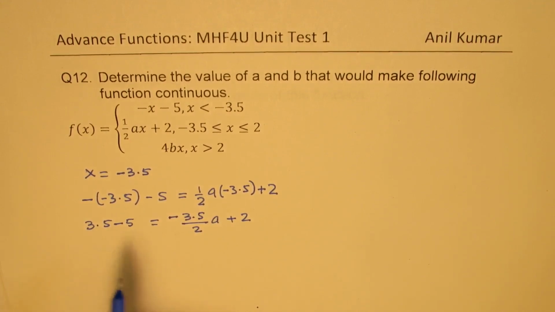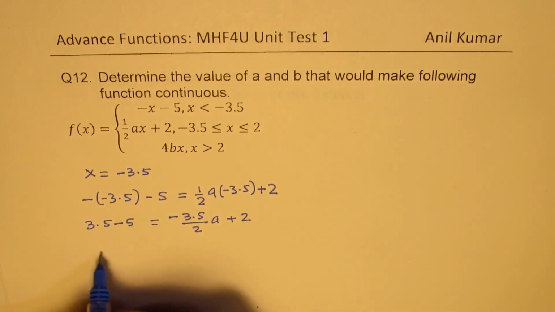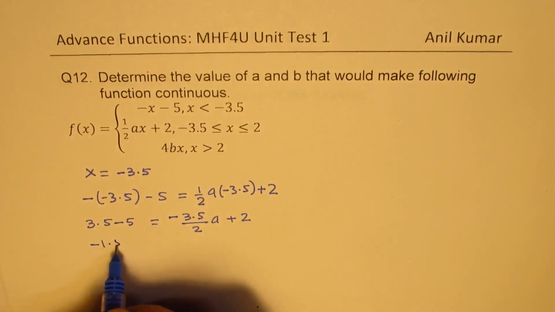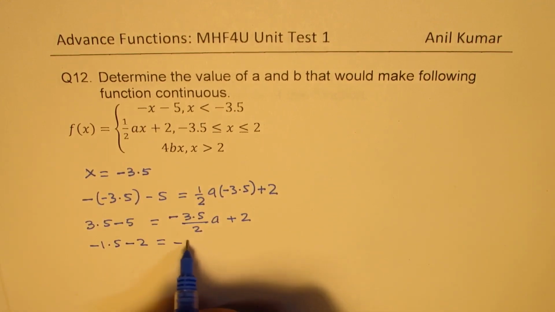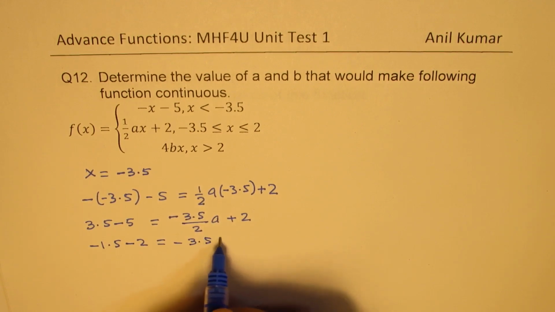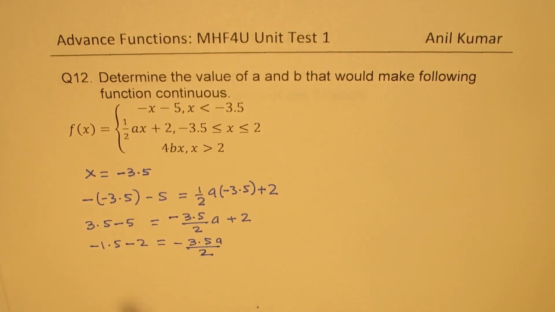So that gives you minus 1.5. So we have minus 1.5. Taking 2 to this side, we get minus 2. Now that is equal to minus 3.5a over 2. So this is minus 3.5 also, right?